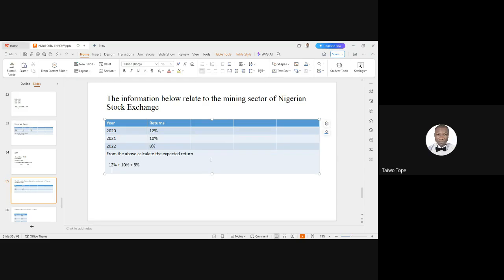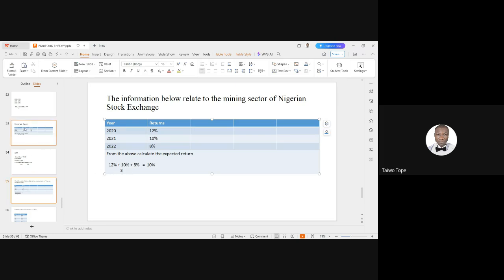Divide by 3. Once you do that, you should have 10%.